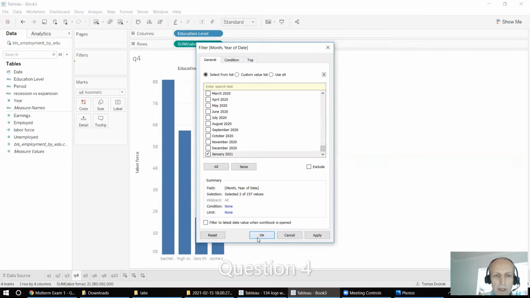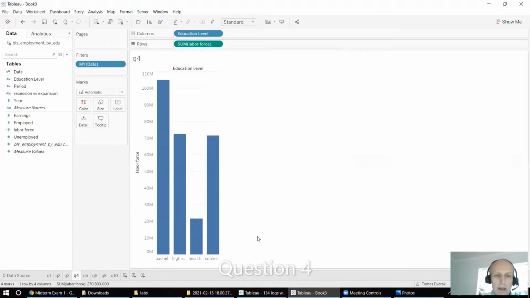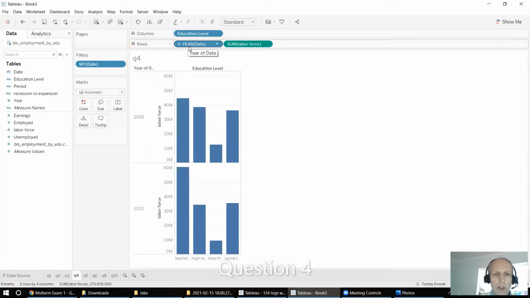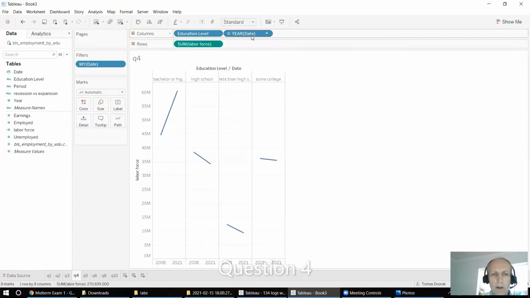So I'm going to say okay. Fantastic. Of course, we want to separate. We want to have one bar for 2008 and another bar for 2021. So we can put that on the columns shelf. Of course, we could have done that also on the rows shelf. Let's keep it on the columns shelf.